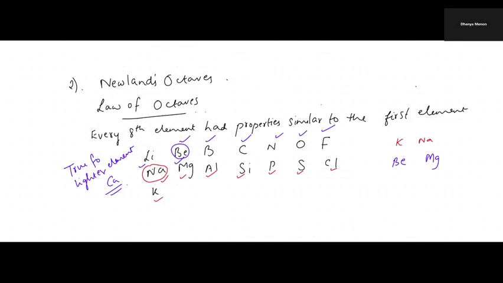Also, this scientist Newland talked about periodicity. Now, what is periodicity? Periodicity means repetition of similar properties, or gradual increase of physical and chemical properties, after fixed intervals.